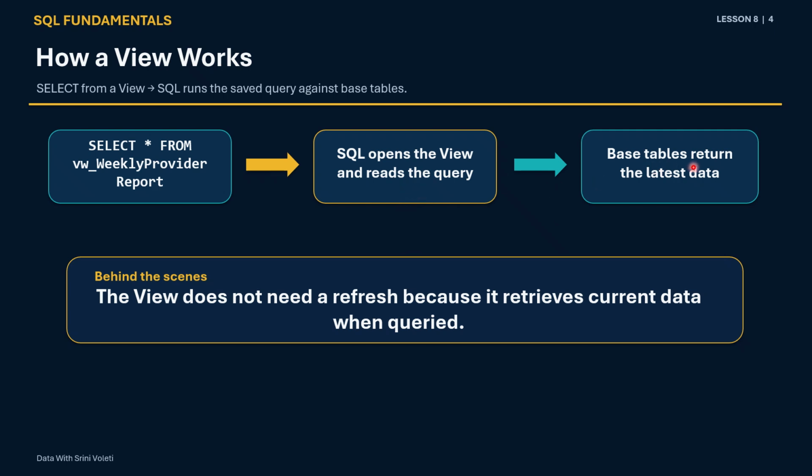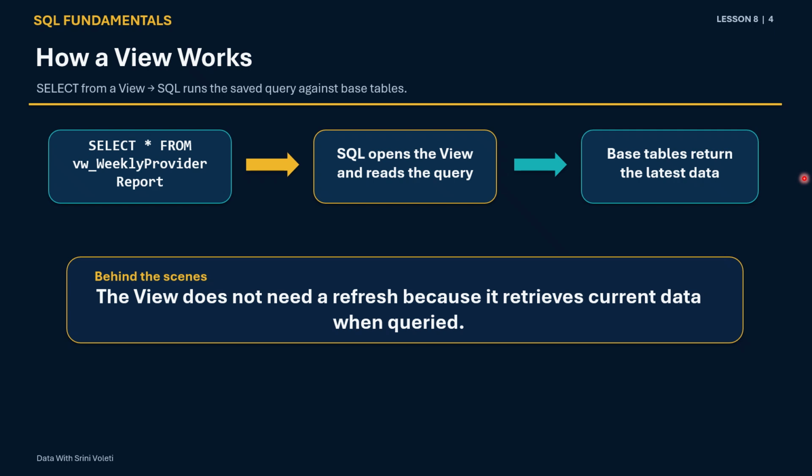The SQL Server optimizer determines an execution plan for the overall request. This matters because a view does not automatically make a complex query cheap. If the view joins millions of rows, the work still has to be done according to the execution plan. A view simplifies how we express and consume the logic. It does not magically remove the underlying work.